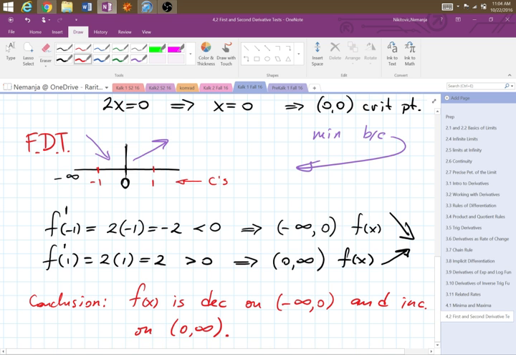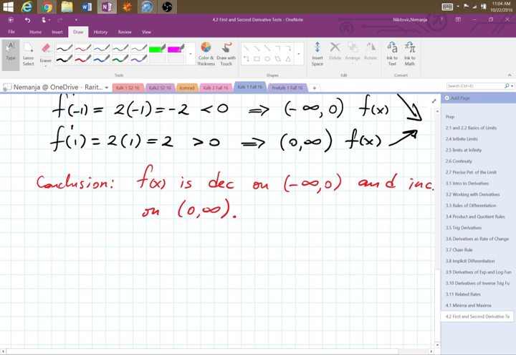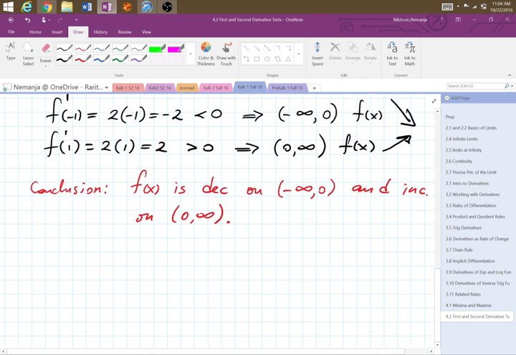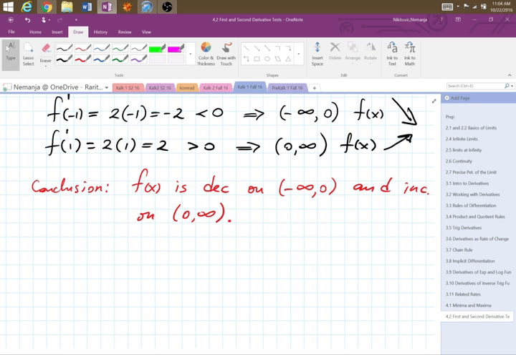So let's take a look at a bit spicier example than the one I gave you. This is what your textbook thinks is a good problem to try.